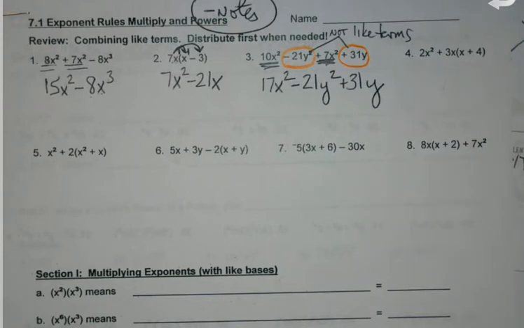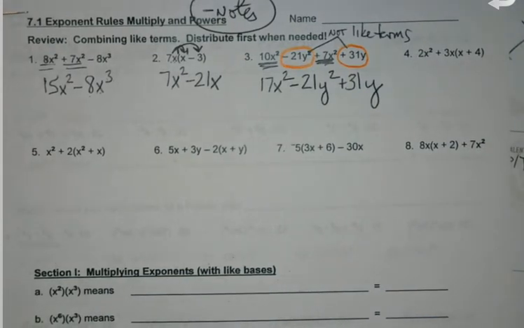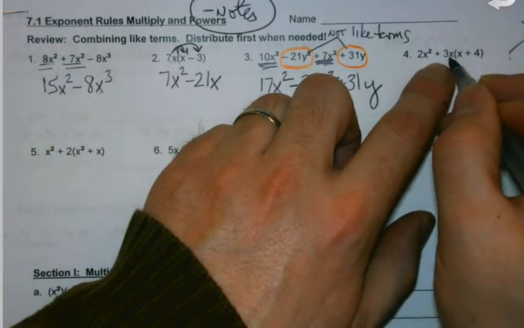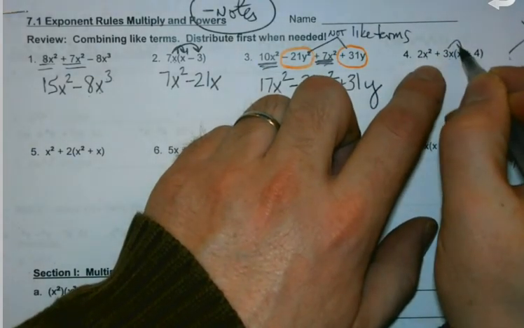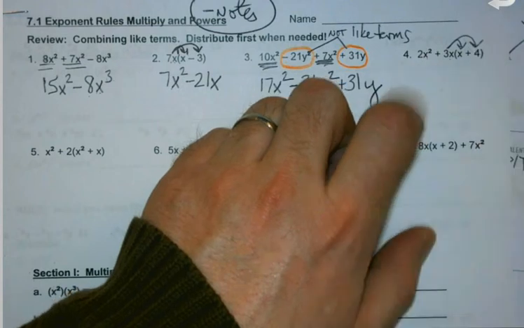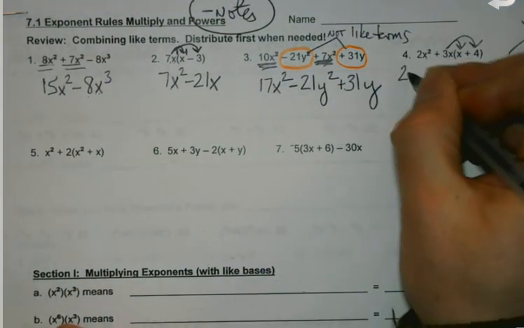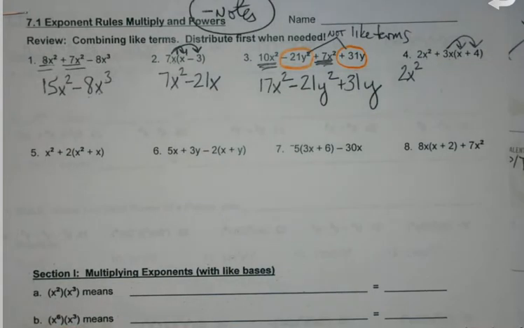So as we continue to work through some of these, like I said, we'll do a couple more here. Here, you're like, well, 2x squared plus this part, only the 3x distributes to what's in the parentheses. So I'm not going to do anything with that 2x squared at the start.